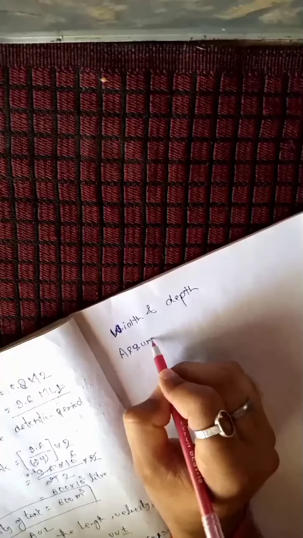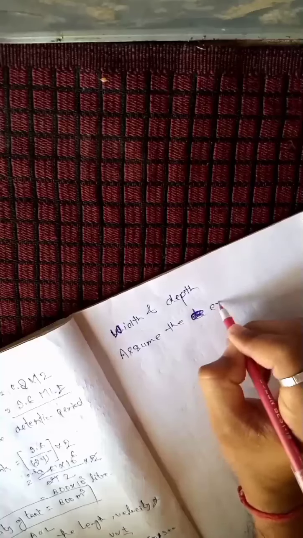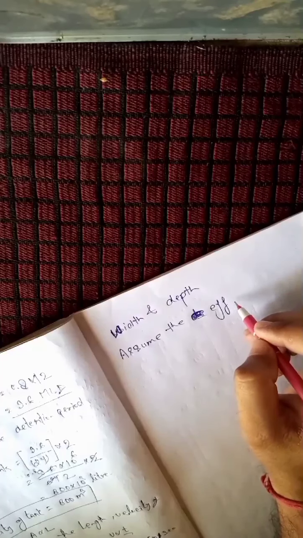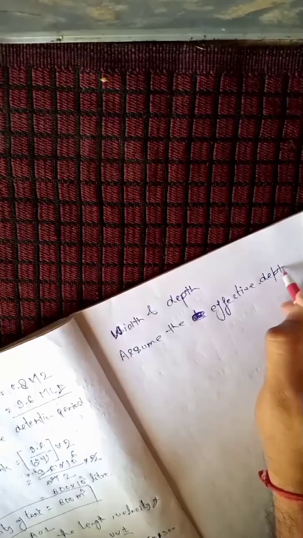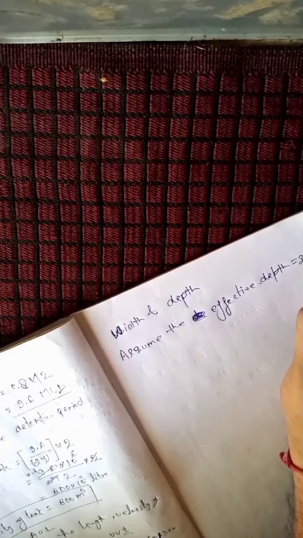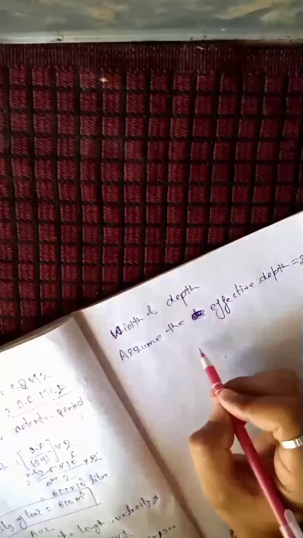Again we assume the depth of the tank, we assume the effective depth, which is equal to 3 meter. This one is the capital H from this point to this point, higher flow level to the bottom of the tank. It is 3 meter.